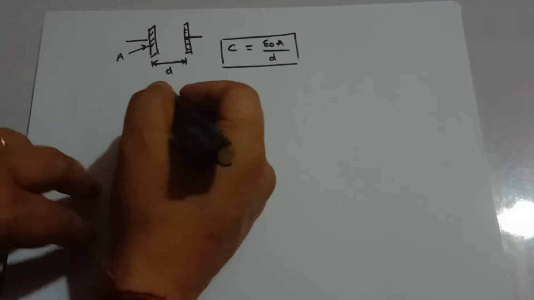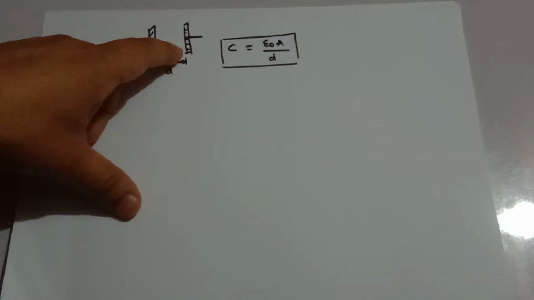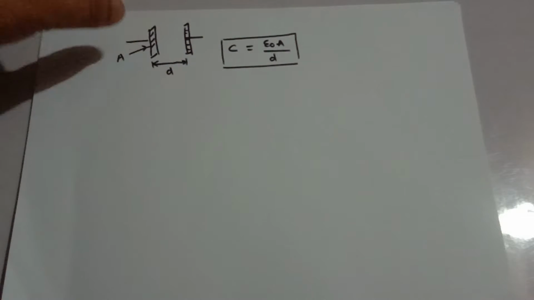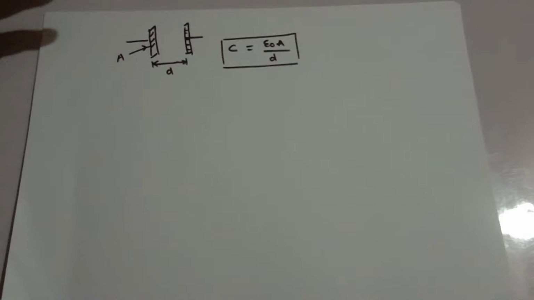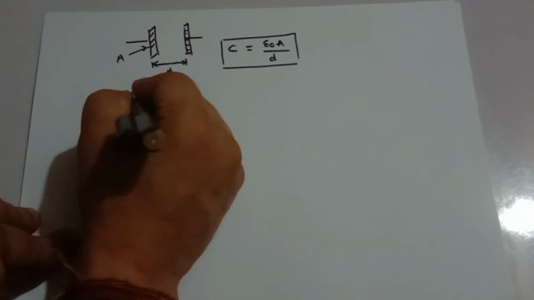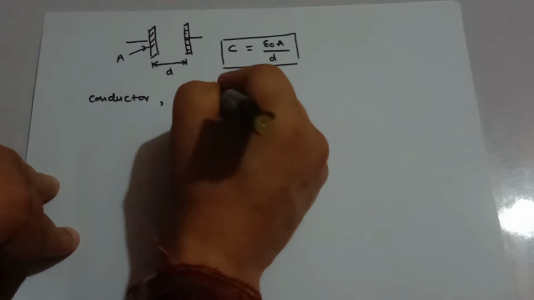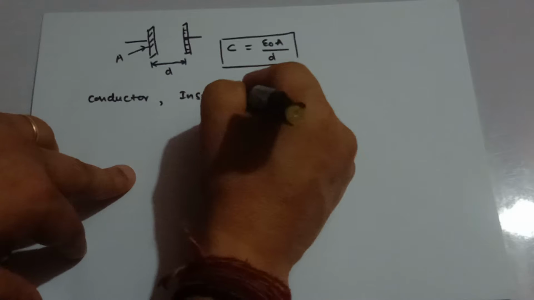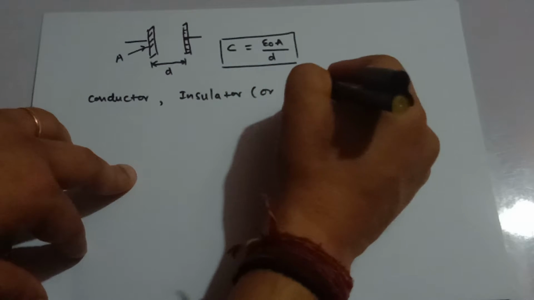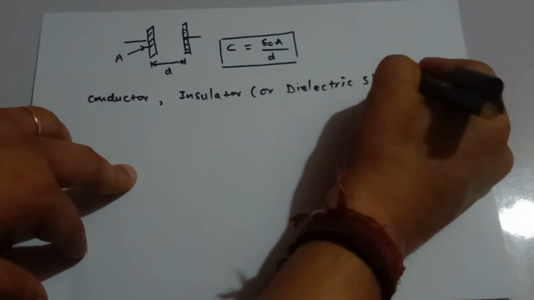Now suppose I have inserted a particular plate between the parallel plate capacitor, and that plate can be a conductor or an insulator, or you can say a dielectric slab.